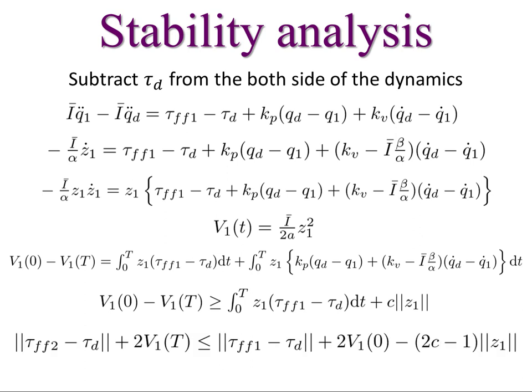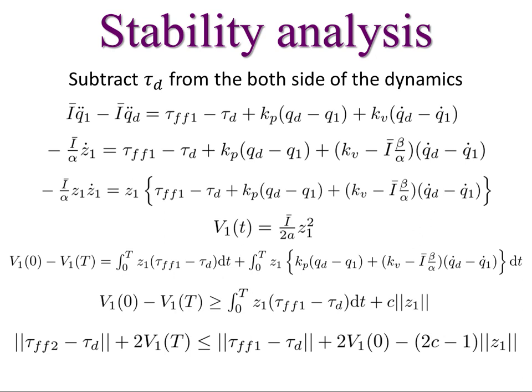Substituting this equation into the second term in the equation of the previous slide, we get this inequality. This inequality roughly represents that the second feed-forward torque error will be less than the first feed-forward torque error.